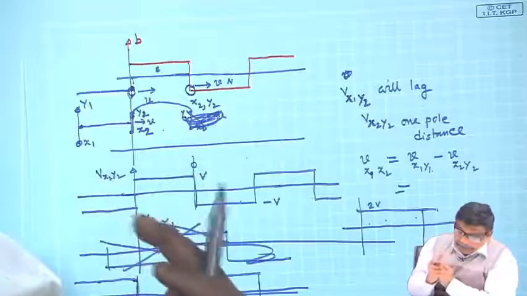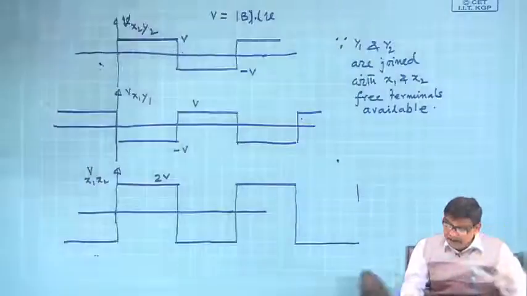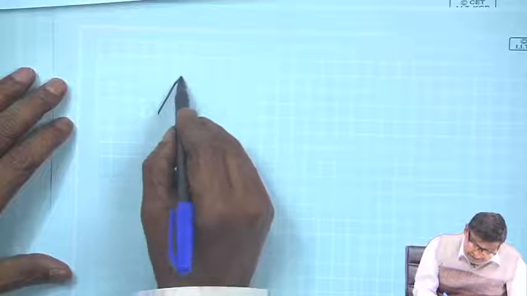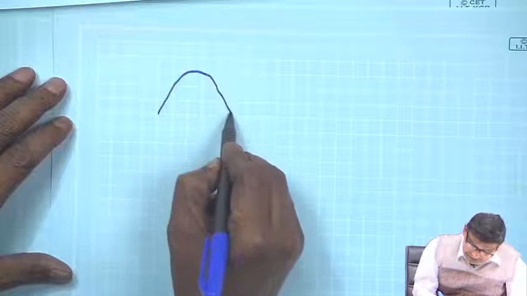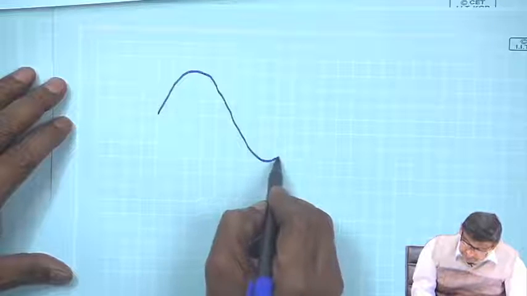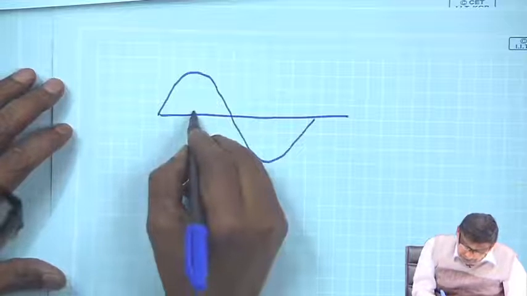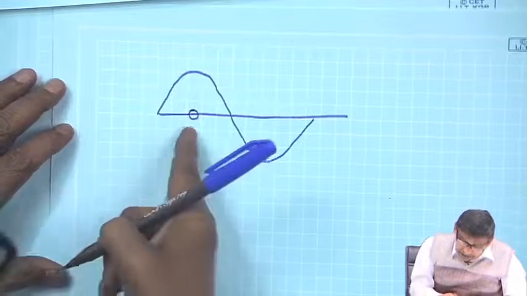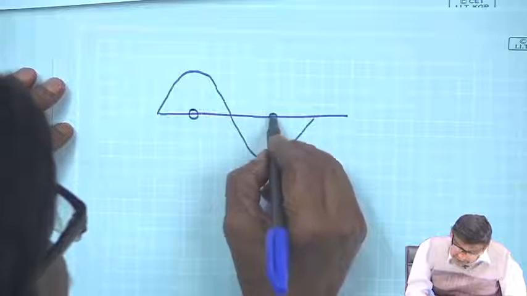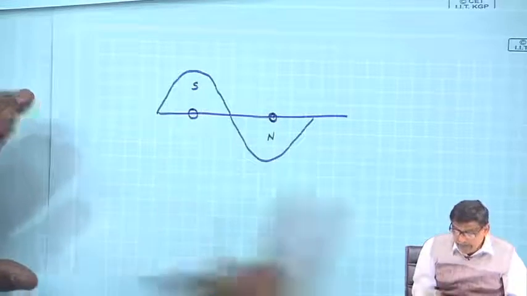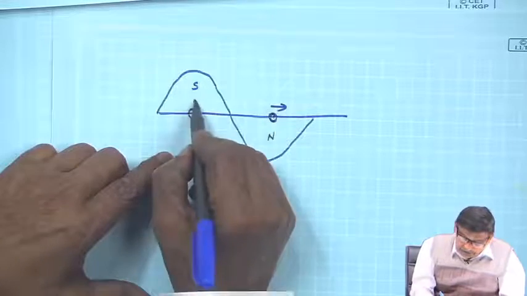So, I am repeating, suppose you have a symmetric B distribution, say like this sine wave. If you place one conductor here, the other conductor must be placed at the center of the north pole if this is the south pole, and both of them are moving with velocity v.